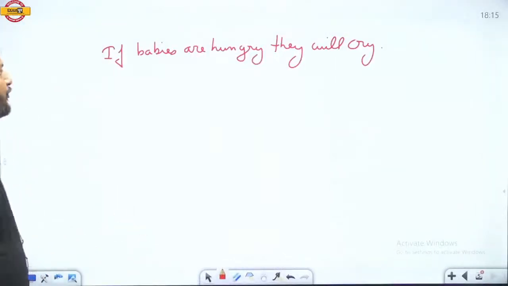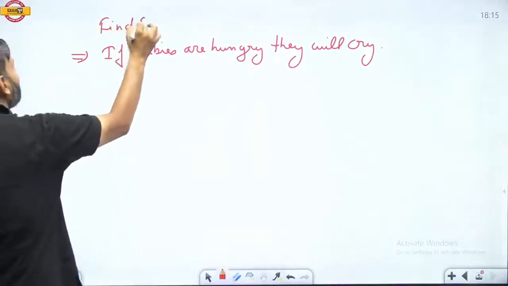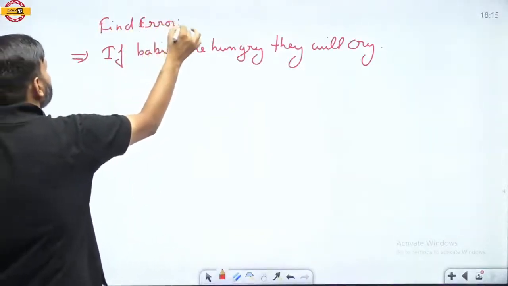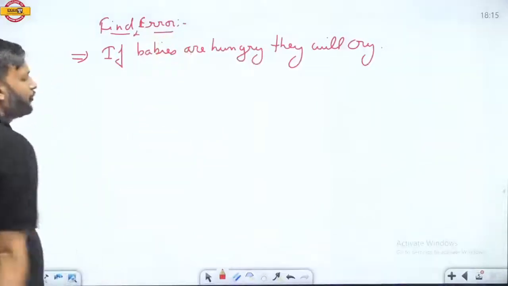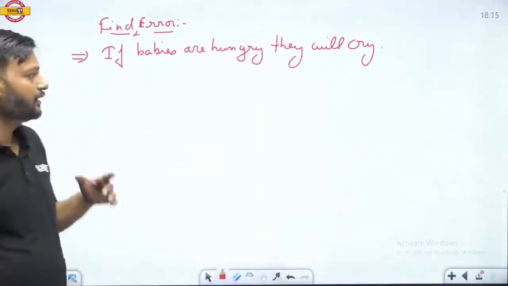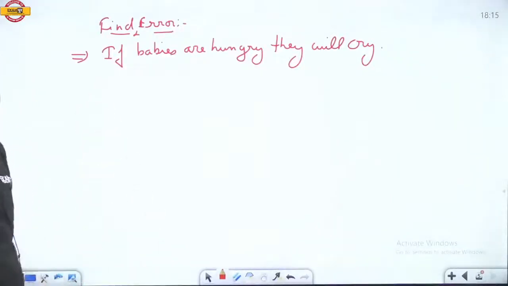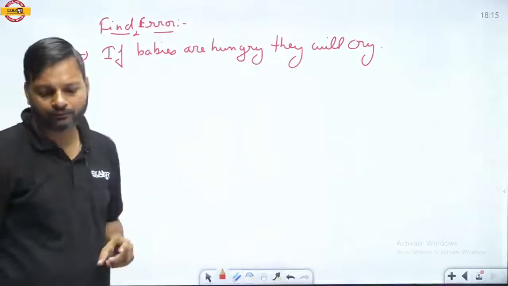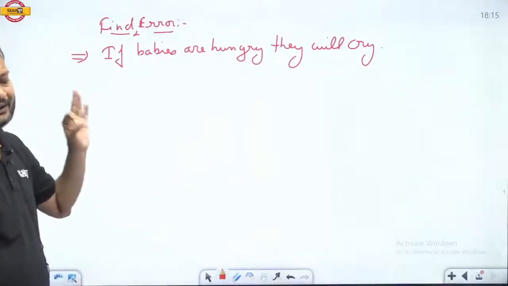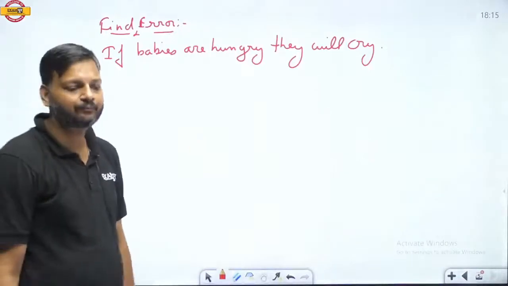Now, if I say, find the error in this sentence, what is the error in this sentence? If babies are hungry, they will cry. What is the error in this sentence? Is this sentence correct or wrong? Just tell me one thing, is this sentence correct or wrong? If babies are hungry, they will cry.